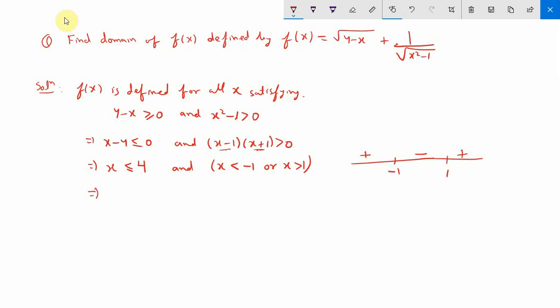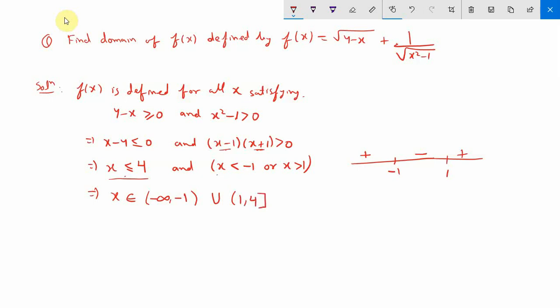So either x is less than −1 or x is greater than 1. It implies x is an element of (−∞, −1), where −1 is open, because this will satisfy x less than 4 as well, union x greater than 1, so from 1 to 4, and at 4 equality will hold, so it will be closed.